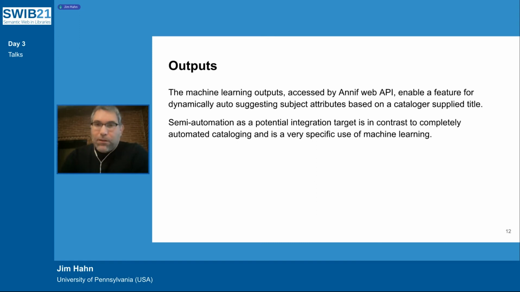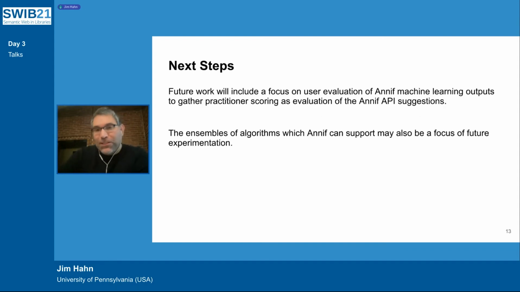So catalogers are learning how to work with machine learning tools at the same time that those machine learning tools are learning to make use of human expertise as well. And so what I'm planning at Penn is to focus on some user evaluation of the machine learning outputs. And of course, you could study some of the algorithms which Annif can support for future experimentation.